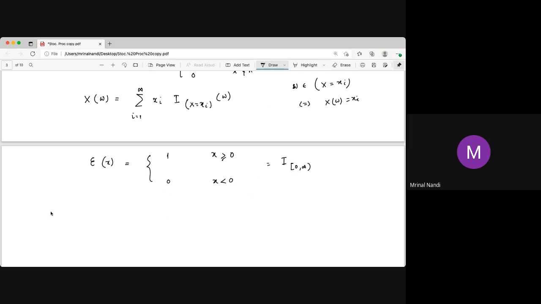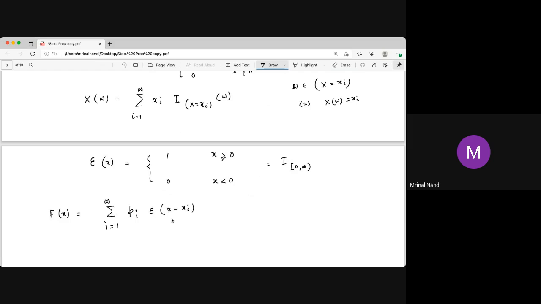Now what we can write is that F(x) is nothing but the sum over all i equal to 1 to infinity, but we add only those pi, that probability, where the corresponding small xi is less than or equal to x. That means we write epsilon of x minus xi.